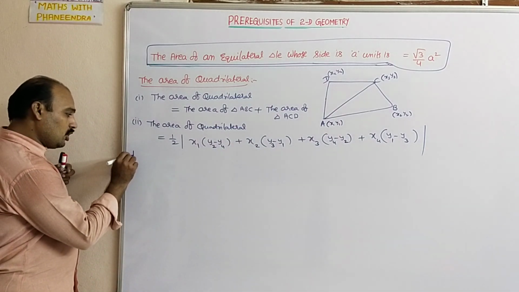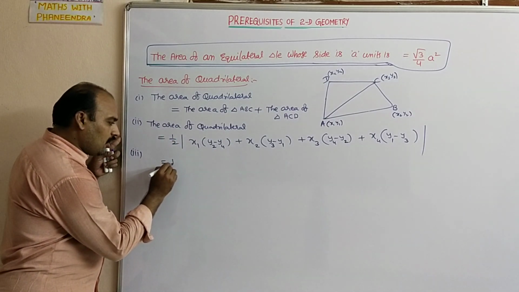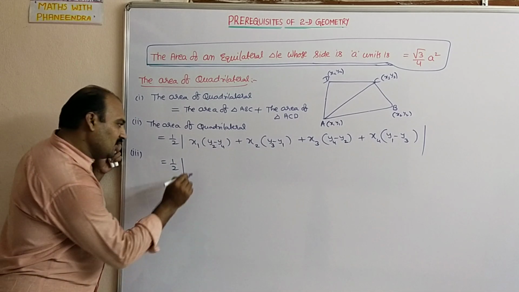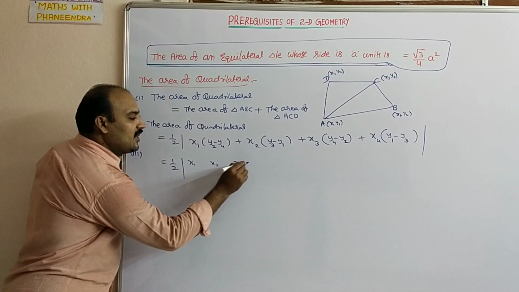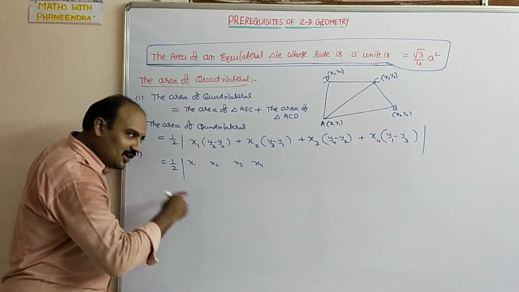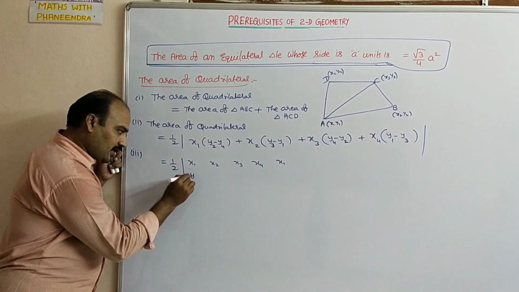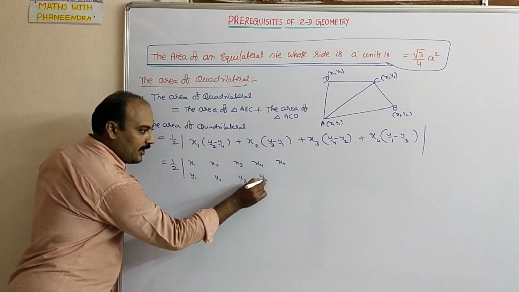And the third way, how to write it? Another way: half into, first the x coordinates x1, x2, x3, x4, after that again you have to write x1. Next y: y1, y2, y3, y4, again y1.